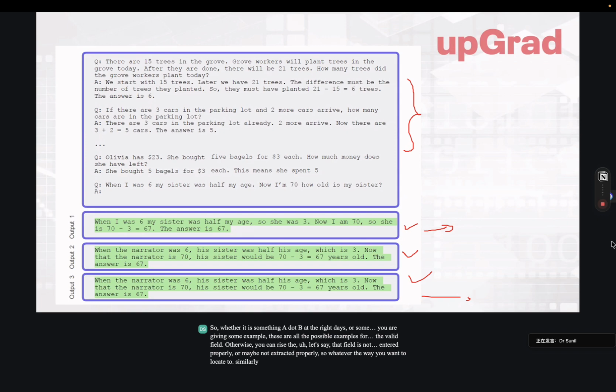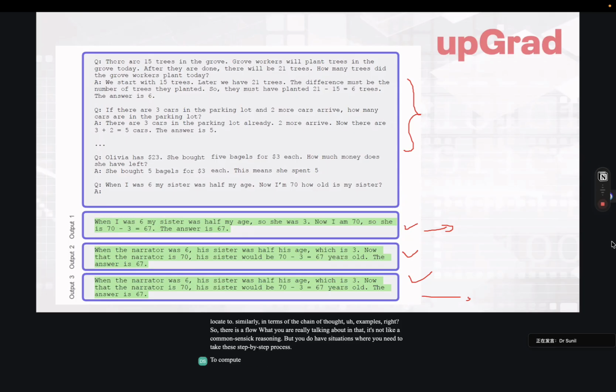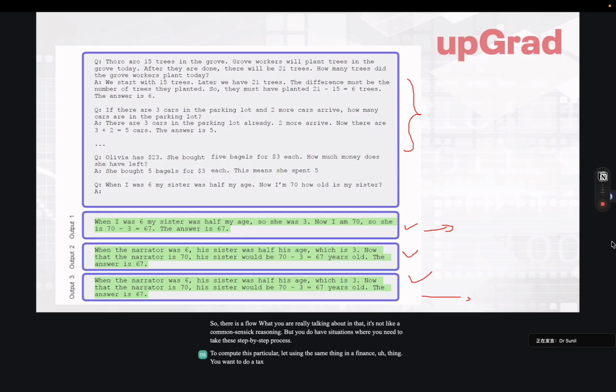Similarly, in terms of chain of thought examples, right? So there is a flow. What you are really talking about in that is not common-sense reasoning, but you do have situations where you need to take a step-by-step process to compute something. Let's say you are using the same thing in finance. You want to do a tax computation. You are giving the people this is the data it is.